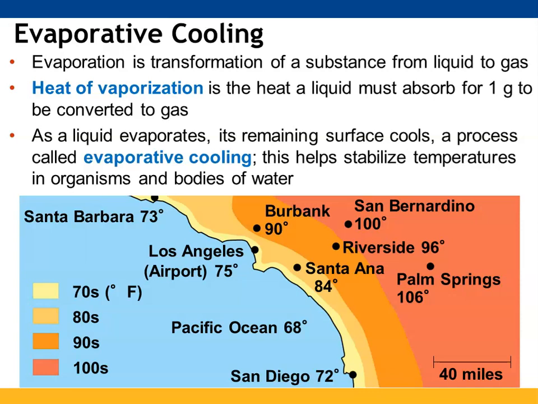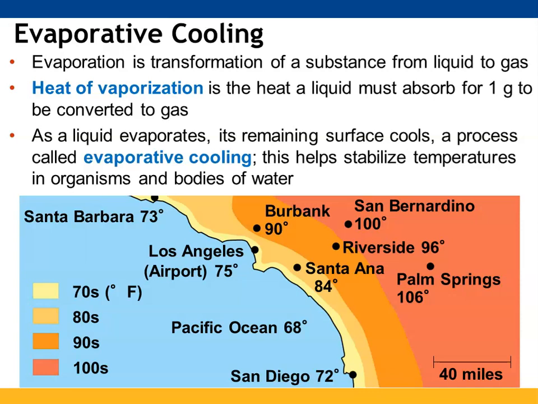When a liquid is undergoing evaporation, it's going to take energy in to be able to escape and become a gas, and that's going to cause the surface of the liquid that remains to be a little bit cooler. It's taking heat away from that surface. As it takes heat away from that surface, it helps to stabilize temperatures in areas that are closer to that water.